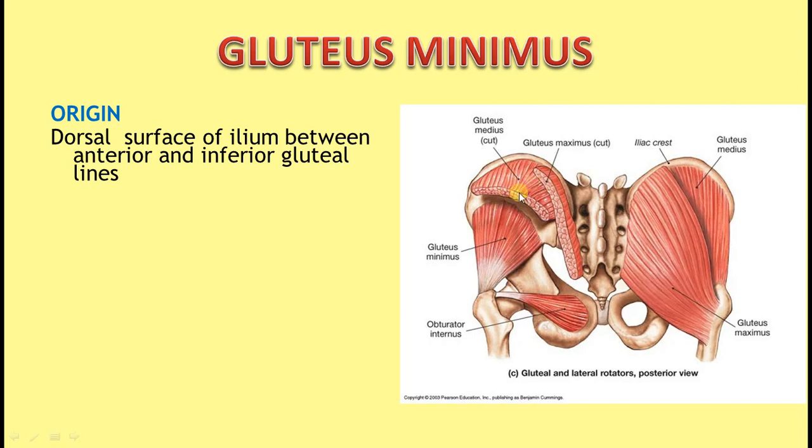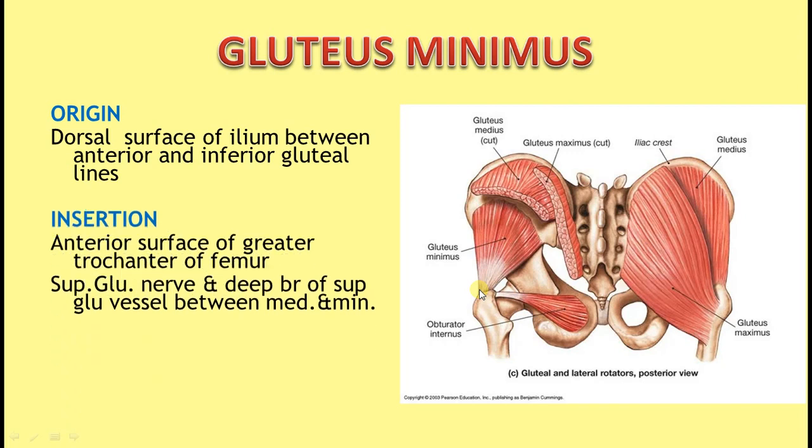It is present deep to the gluteus medius, which in turn is present deep to the maximus also. The gluteus minimus is again inserted into the greater trochanter, on the anterior surface of the lateral part of the greater trochanter.